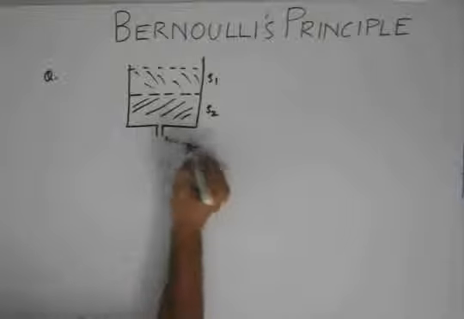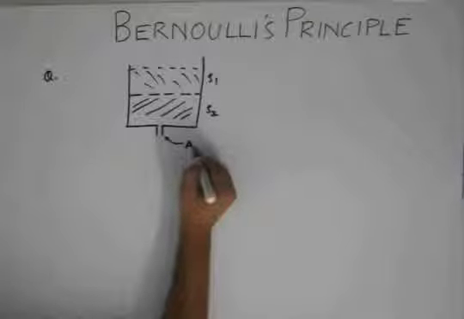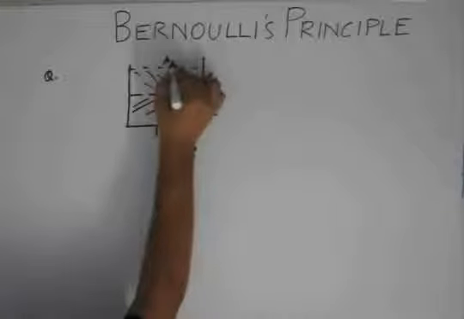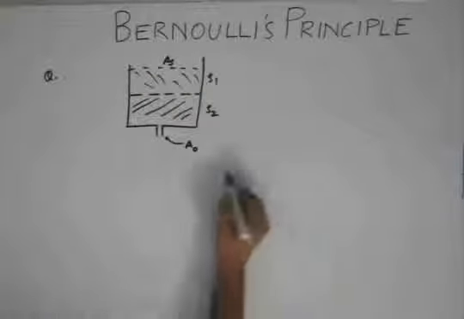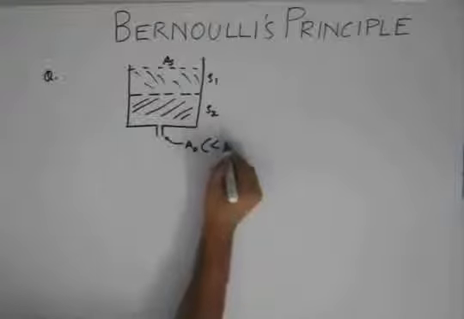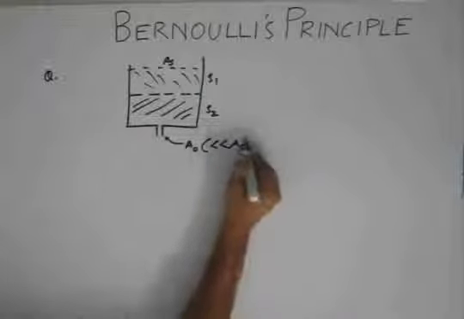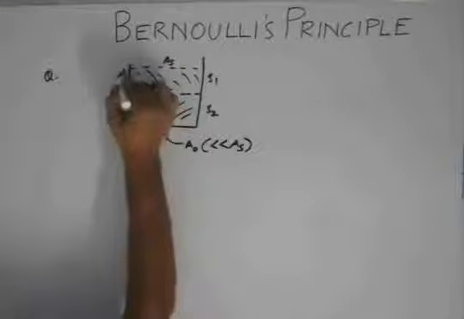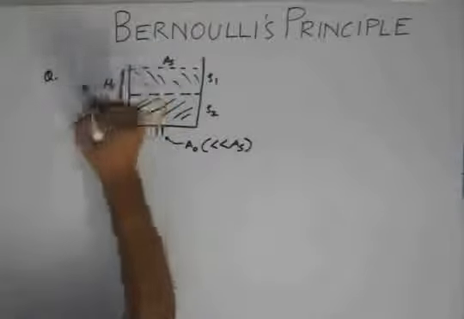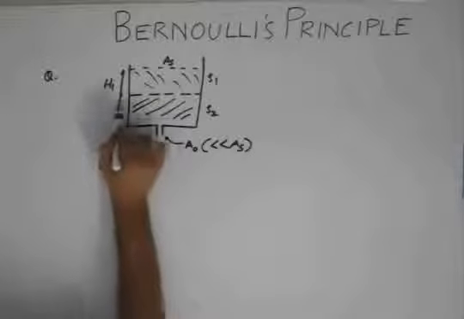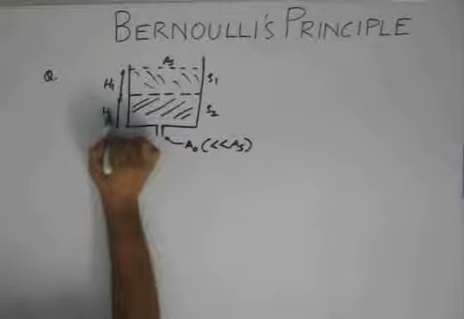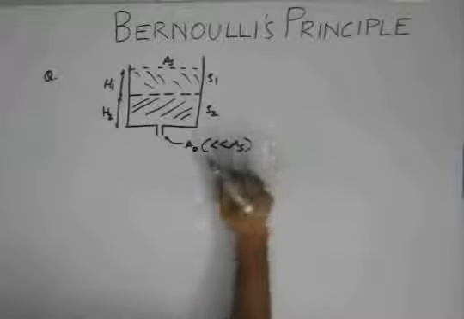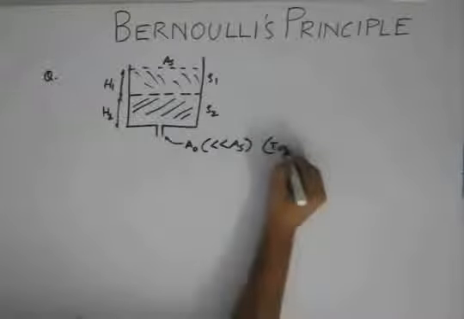The cross-sectional area of this small orifice is AO. The surface cross-sectional area is AS, and we are assuming that AO is very less than AS. This height is H1. This height is H2. Because this is stated, we can say that Torricelli's law is valid.